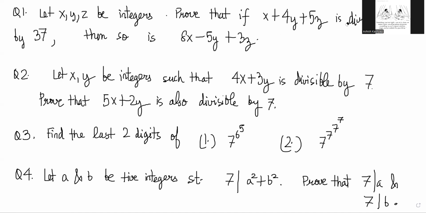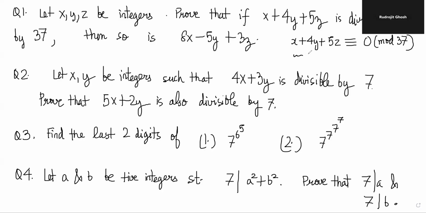When you are saying x plus 4y plus 5z is divisible by 37, what you are really saying is x plus 4y plus 5z is congruent to 0 mod 37, right? By definition of congruence, this statement should make sense to everyone, correct? So now you can say what are the properties of congruence we know.